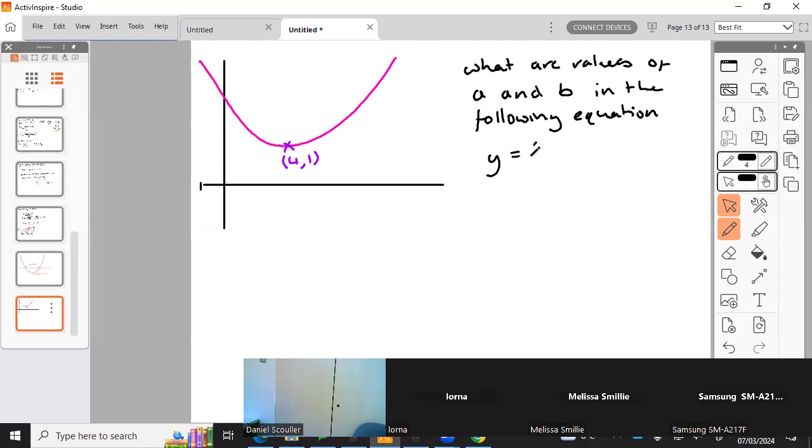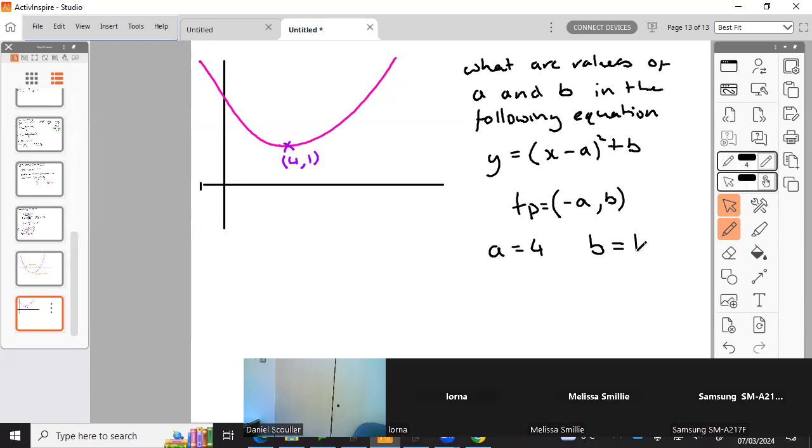And we'll give you y equals x minus A, squared, plus B. So we can say the turning point is minus A, B. So A in this case is equal to 4 and B is equal to 1.